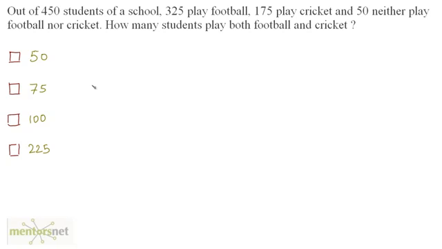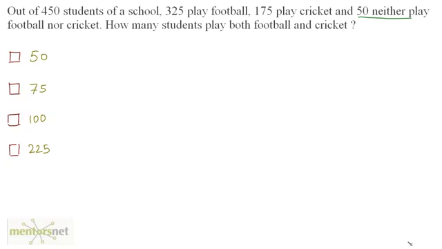Out of 450 students of a school, 325 play football, 175 play cricket, and 50 neither play football nor cricket. How many students play both football and cricket? Well, it is given that 50 people neither play football nor play cricket.